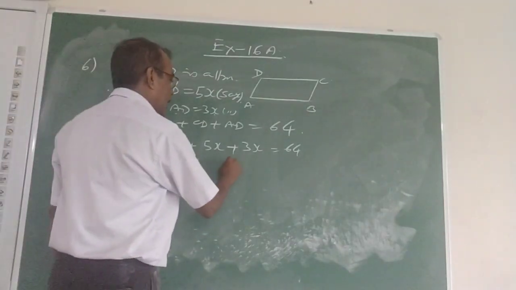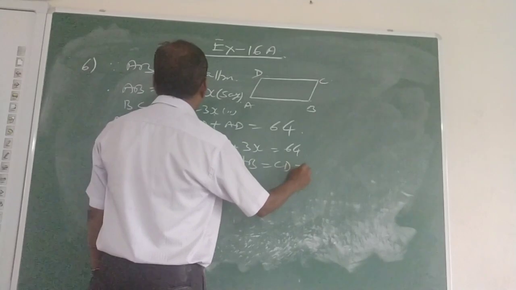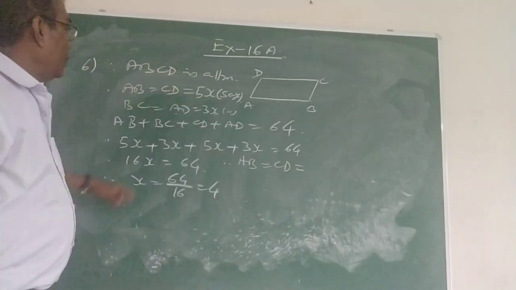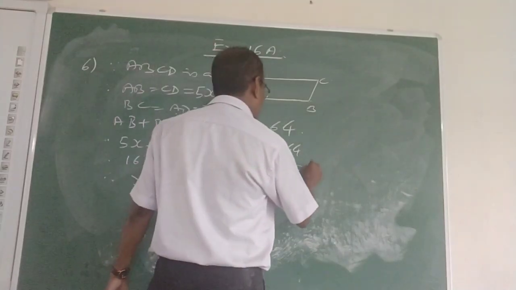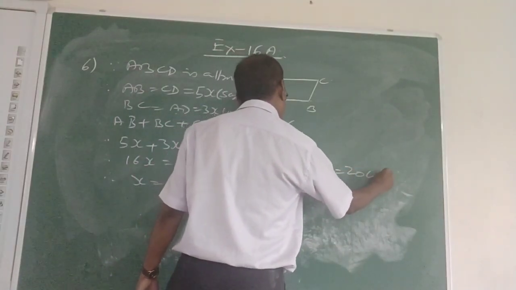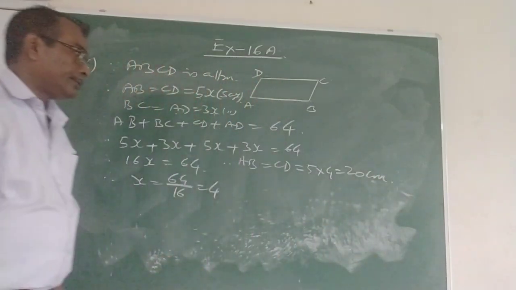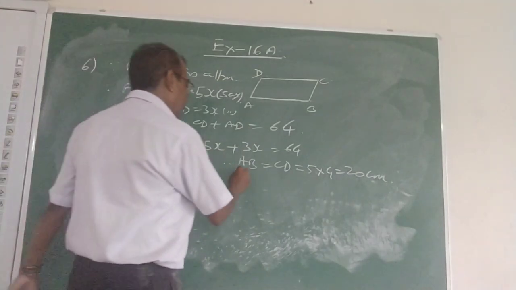If x is 4, then AB will be equal to CD, which is equal to 5x. So 5 into 4 is equal to 20 centimeters. And BC equal to AD, BC also you have to find.